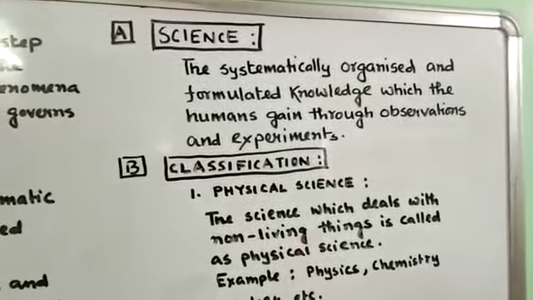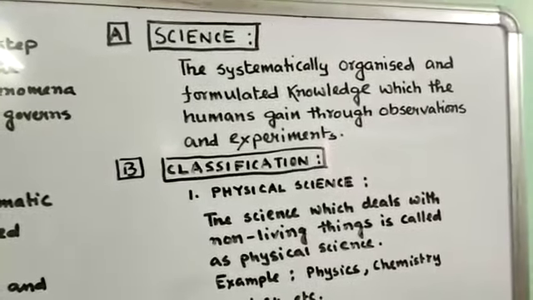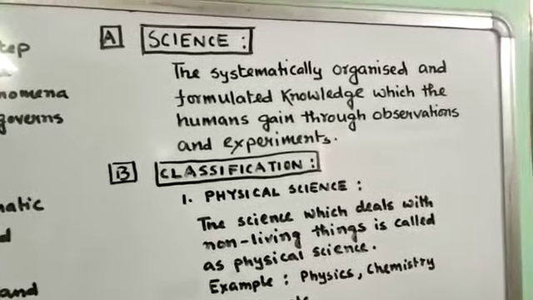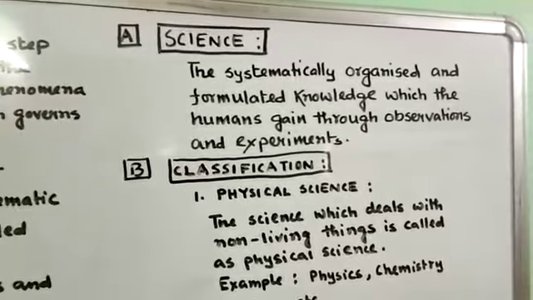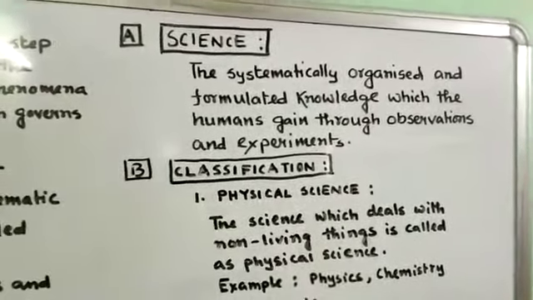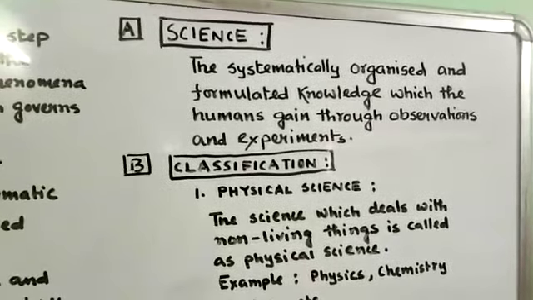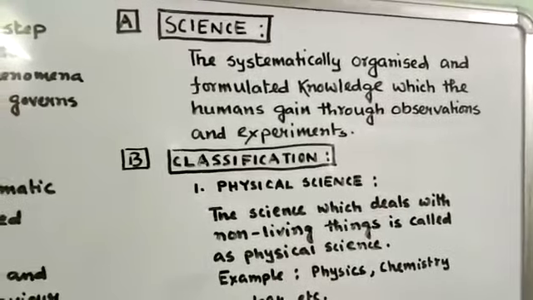What we observe in our surroundings, we try to interpret in the lab, and that is our experiment. Once we perform that experiment in the lab, the next step is to define the reasoning why these things happen.